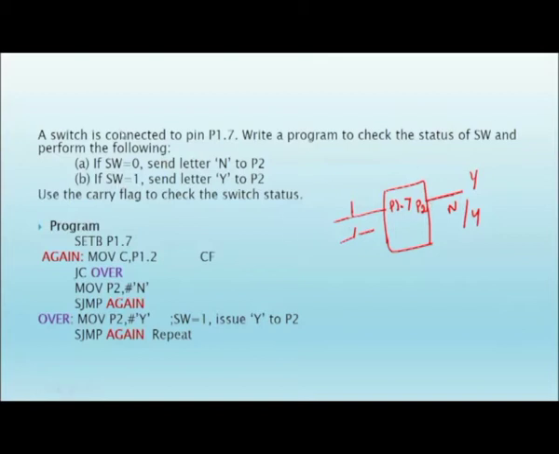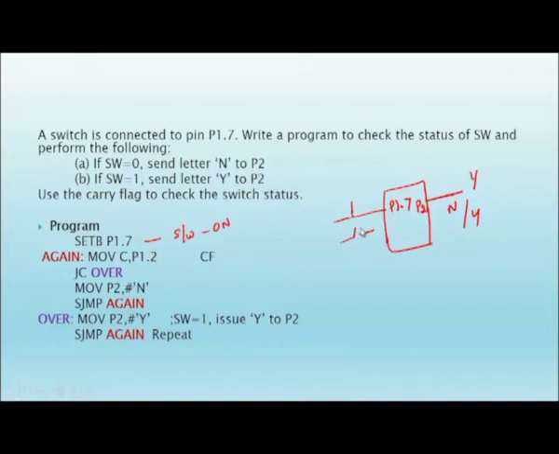For that, first what I have to do is either set position or reset position; I need 2 positions. Suppose I am setting the position P1.7, it represents that the switch is on. Switch on means then what I am doing, how I am reading the switch is via the carry flag.